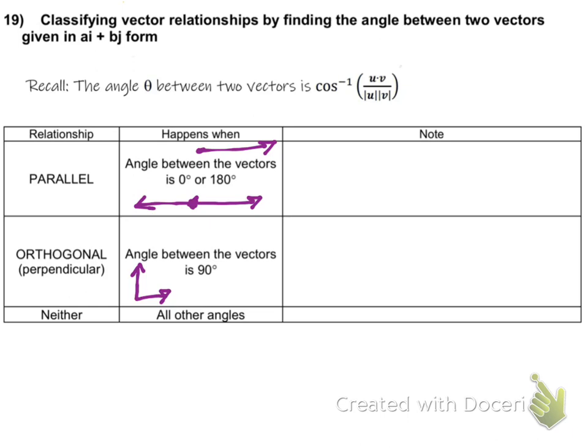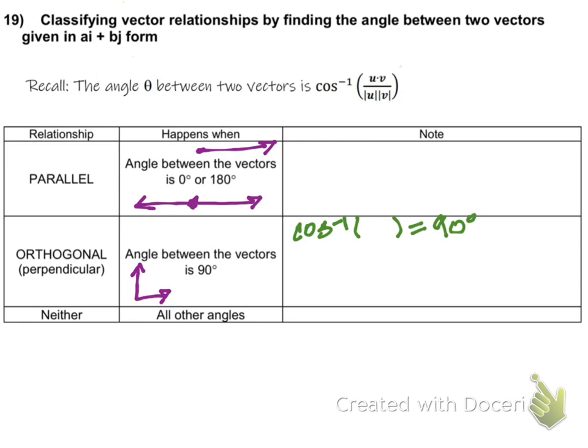So let's think about orthogonal first. If I want the angle between the vectors to be 90, that means I need the inverse cosine of something to be 90 degrees. Well, let's think about 90 degrees.